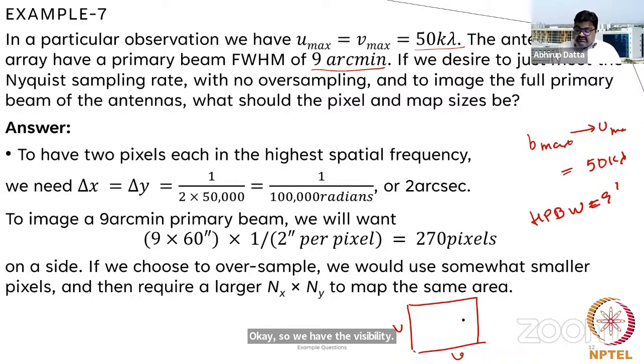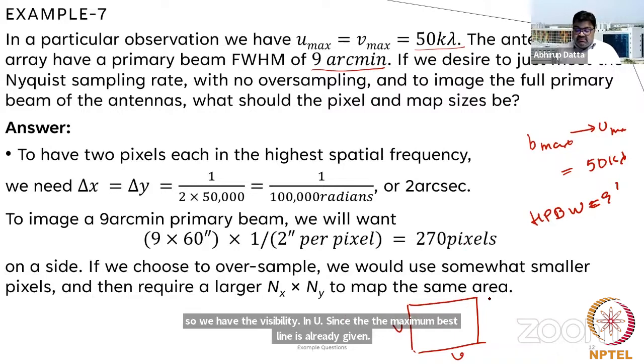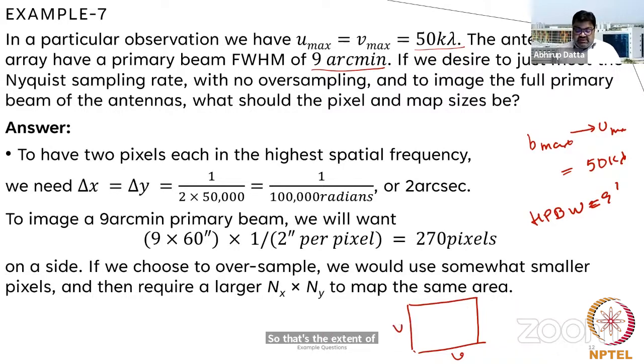Since the maximum baseline is already given, that's the extent of the UV values. For each pixel, you consider 1 over twice this UV value.